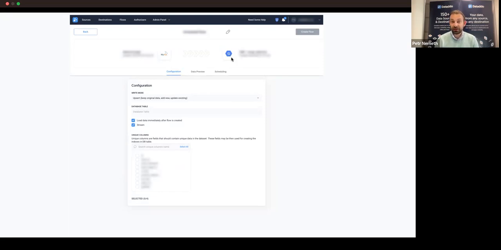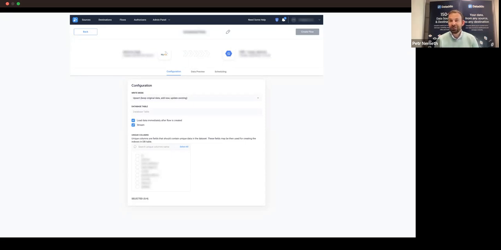As you can see, we have support these days for pretty much all the database technologies on the market, whether it's cloud data warehouses like BigQuery, Redshift, Snowflake, Firebolt, and others, as well as standard SQL databases.